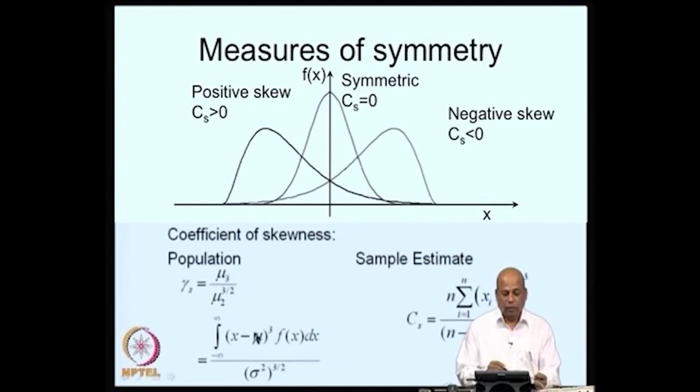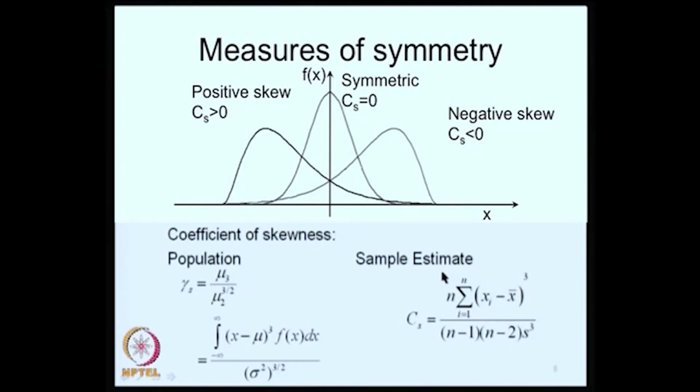From this, we can write the expressions for the sample estimates. For the sample estimates, we replace the integral with the summation i equal to 1 to n, x i minus x bar. We retain the same power as the moment, x minus mu the whole cube. So, we retain the same moment. Then for the standard deviation, what is it that we had? We had n to the power 0 and x i minus x bar the whole square for the variance.